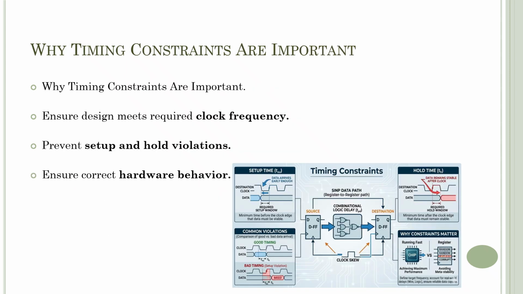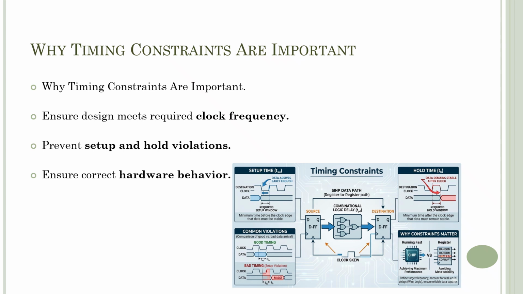Let's understand why timing constraints are important in digital design. When we design a digital circuit using RTL, the main focus is usually on functional correctness. This means we ensure that the logic performs the intended operation. However, in a real hardware system, it is not enough for a design to simply work logically.